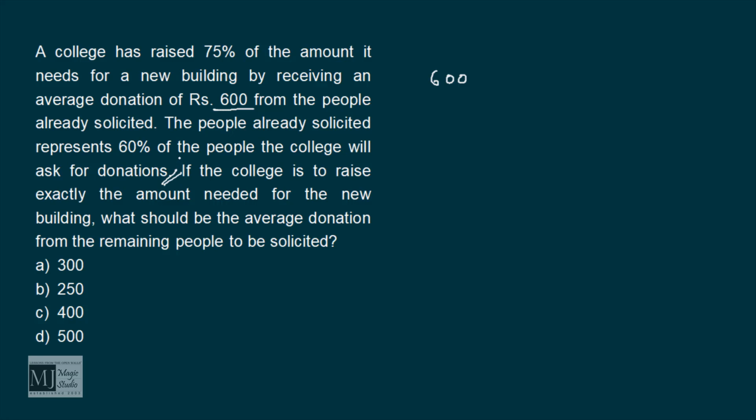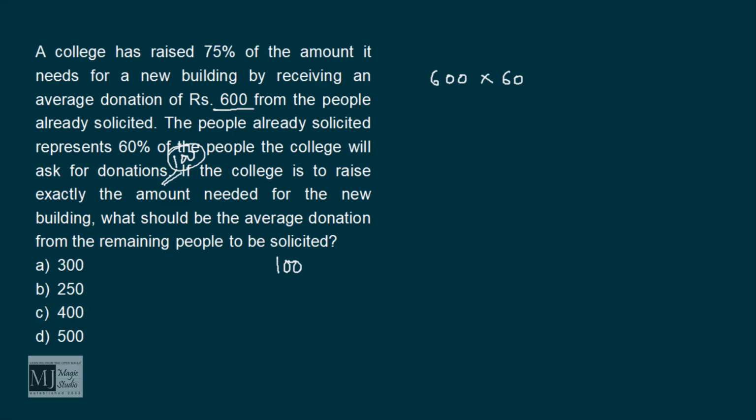Let that be 100, so 60% would be 60. Great. If the college is to raise exactly the amount needed for the new building, what should be the average donation from the remaining people to be solicited?